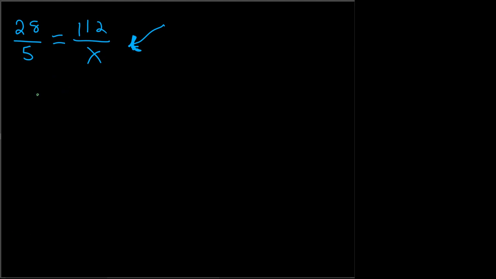In general, we learn a rule where we can cross multiply. So, multiply across, and that's going to be equal to multiplying across in the other direction. This can be rewritten if I take all the red stuff, 28 times x, and make that equal to all the green stuff, which is 5 times 112.